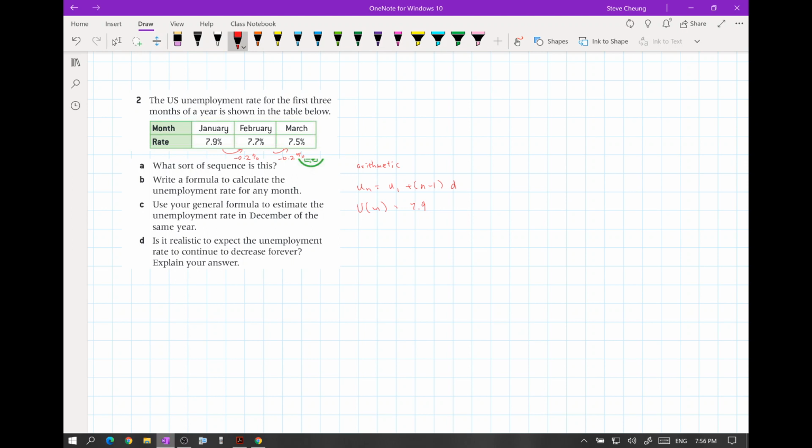Let's just leave it as 7.9. Plus, this will be M minus 1 times negative 0.2. So all together, it will look like this.